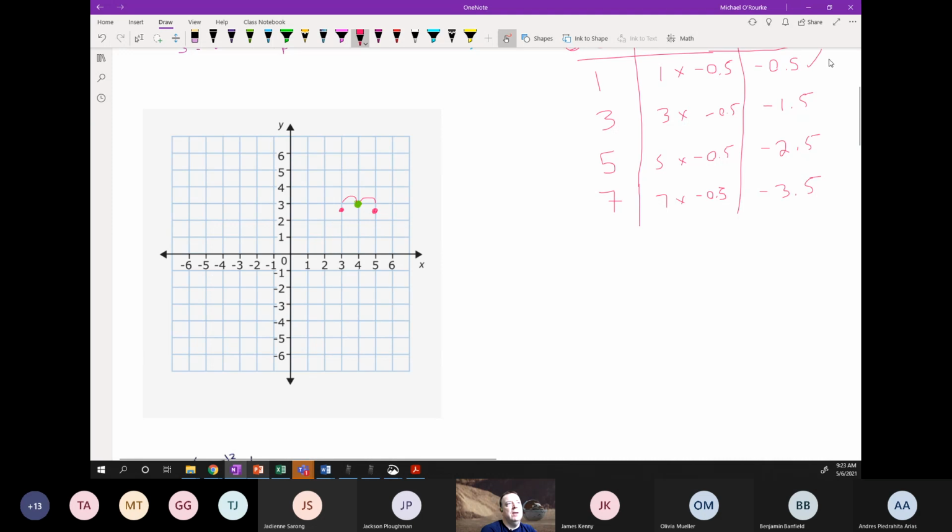Then our next step is over 1, down 1.5, because the difference between here and here is minus 1.5. Then our next step is over 1, down 2.5.